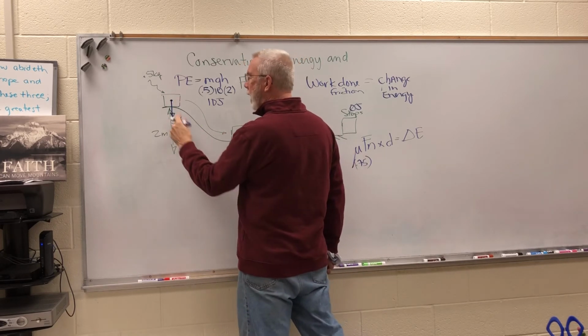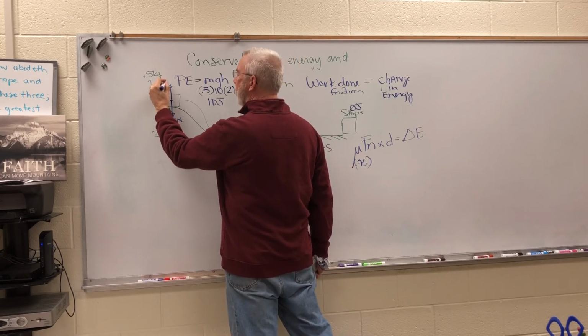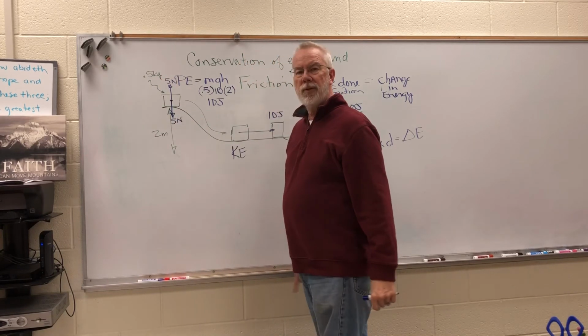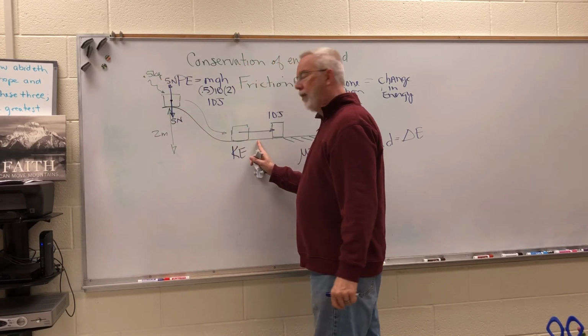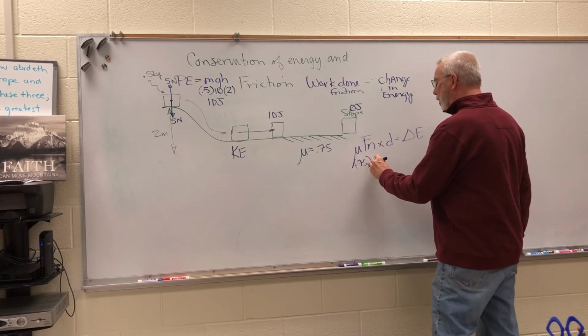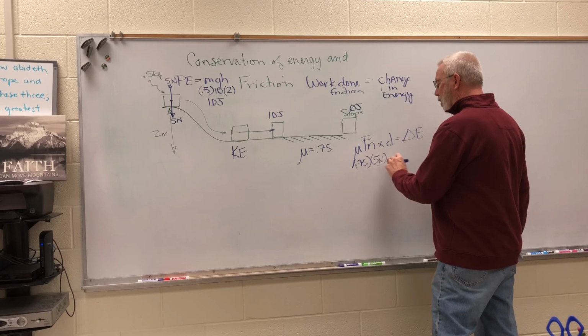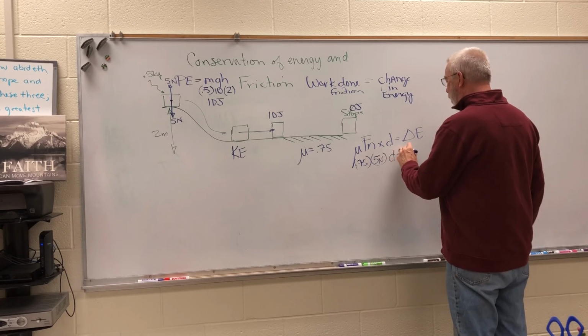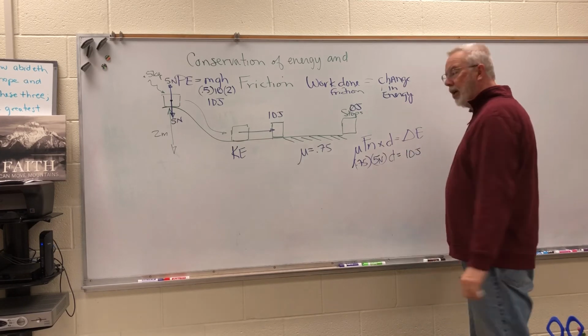And if it has a weight of 5 newtons, then the normal force is also 5 newtons, because it's on a flat surface. And it will be on a flat surface again down here. So the normal force is 5 newtons. And we're actually solving for the distance, and we know that the change in energy is 10 joules.